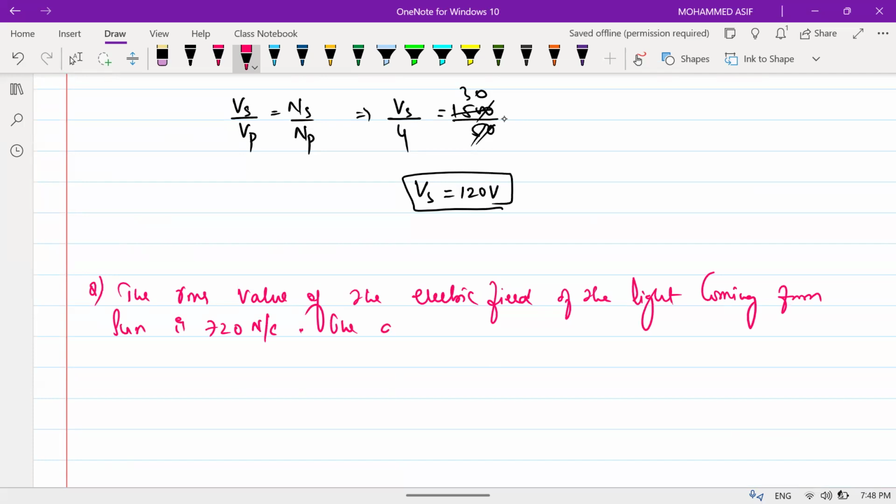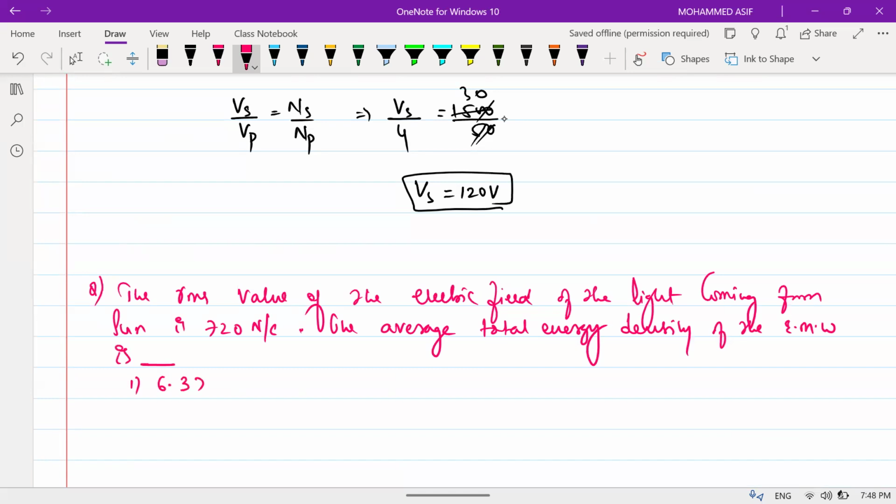The average total energy density of the electromagnetic wave is how much?